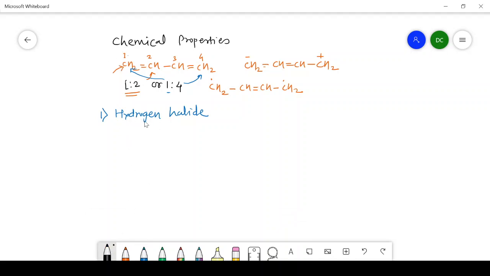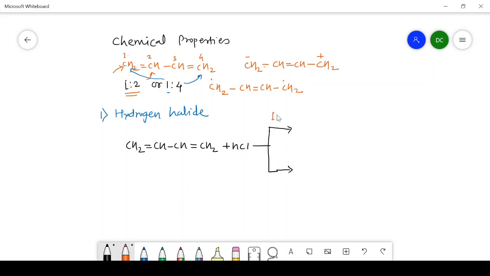When butadiene is treated with the hydrogen halide, in this case we will take HCl, that is hydrogen chloride. When it is treated with HCl, what will happen? That we are going to study. This is 1,3-butadiene plus hydrogen chloride. Two types of addition reaction take place. First one is 1,2 addition and second one is 1,4 addition.